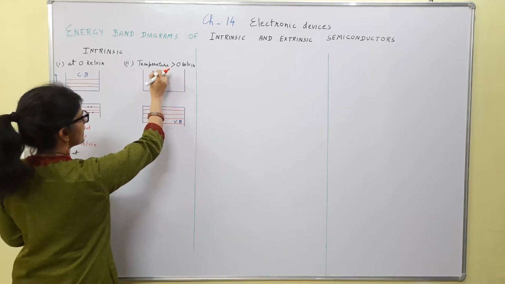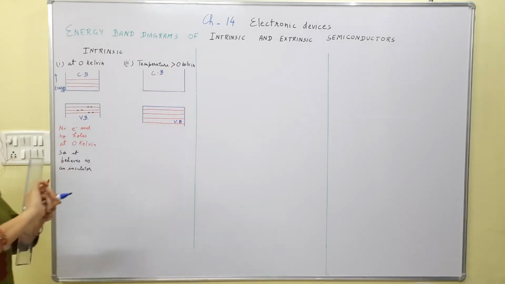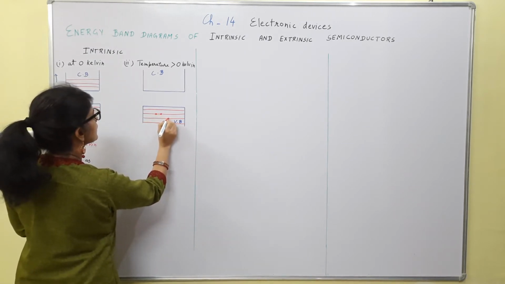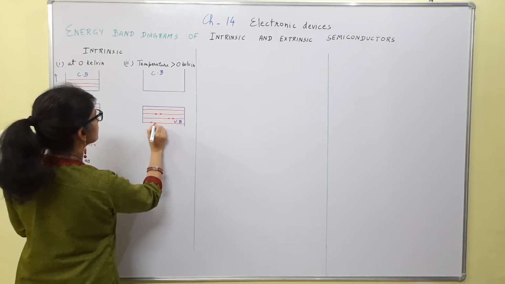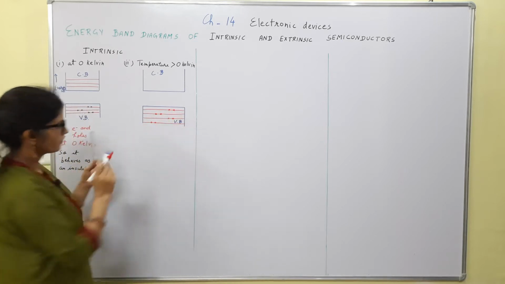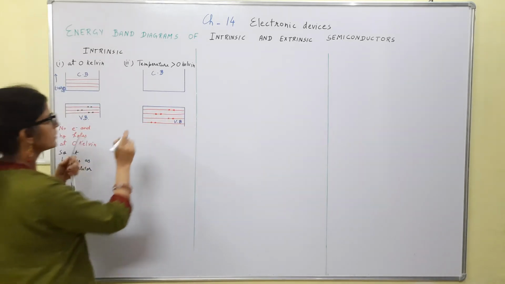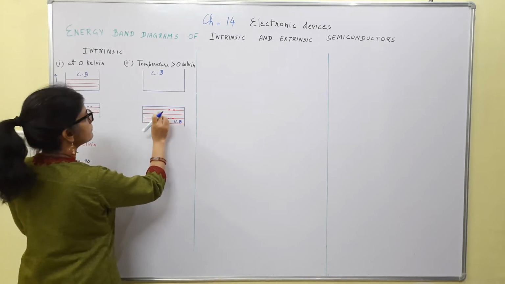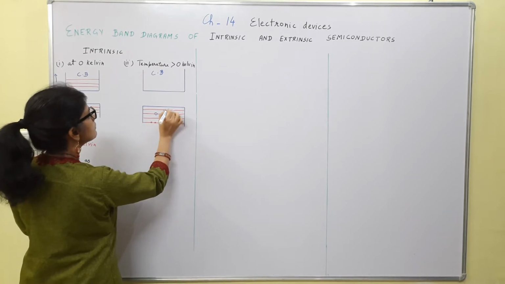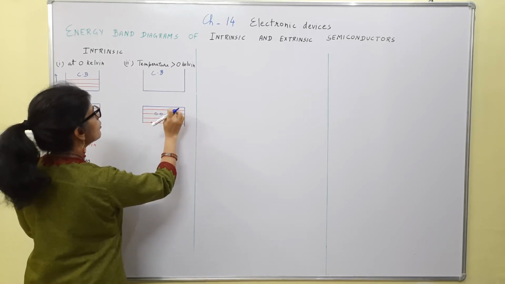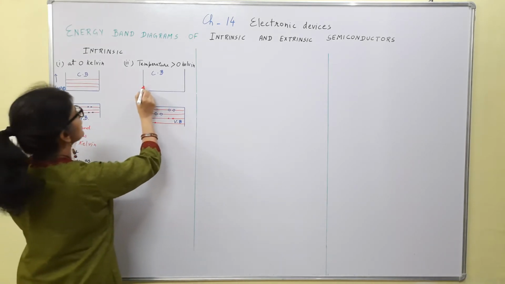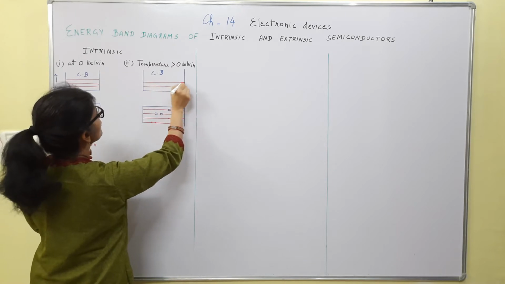This is the conduction band, and some electrons may leave the valence band and form holes at their place and reach the conduction band.